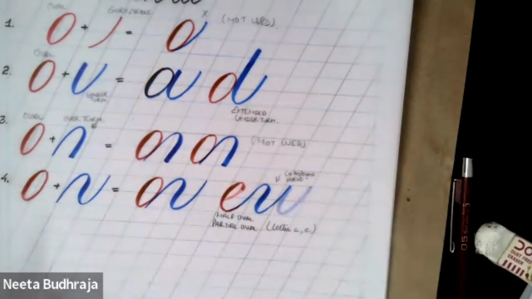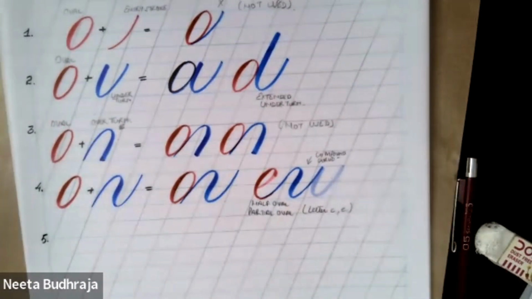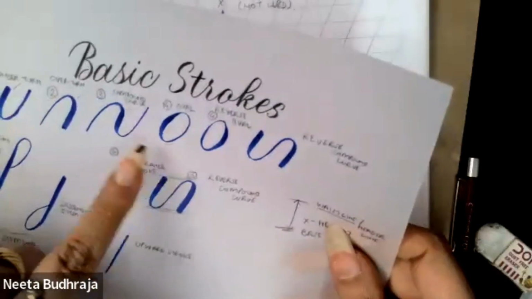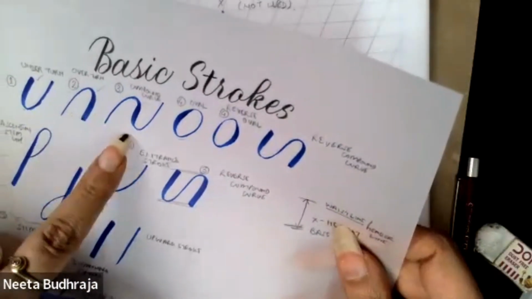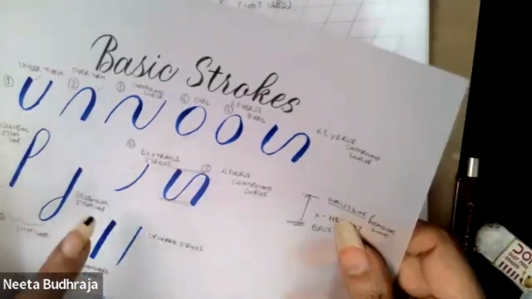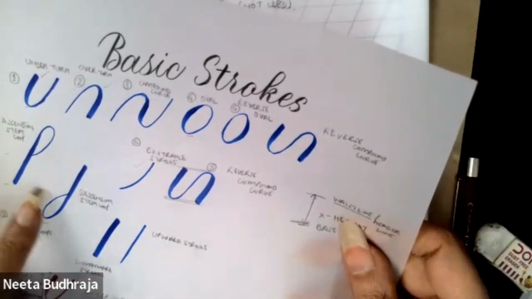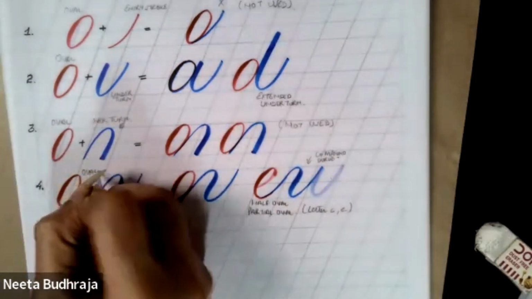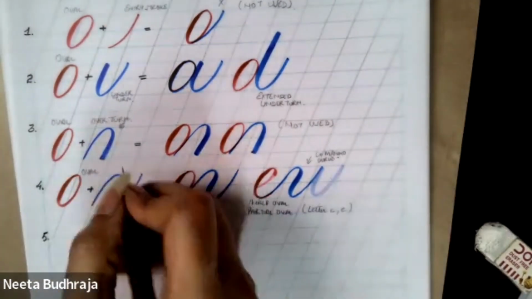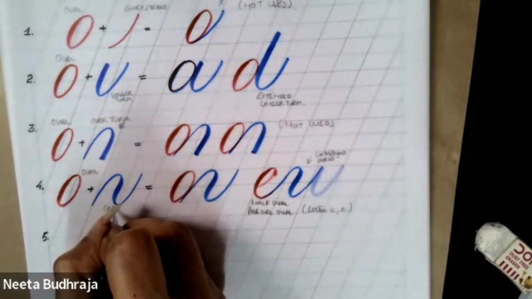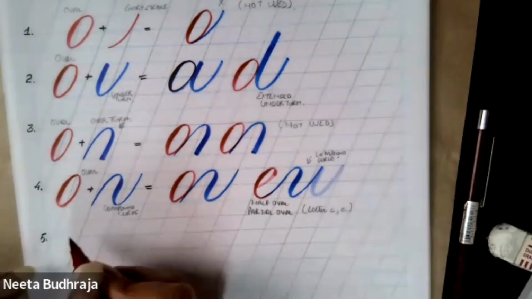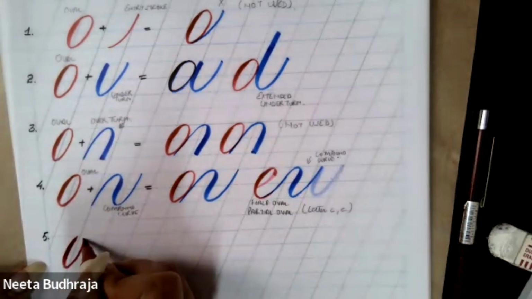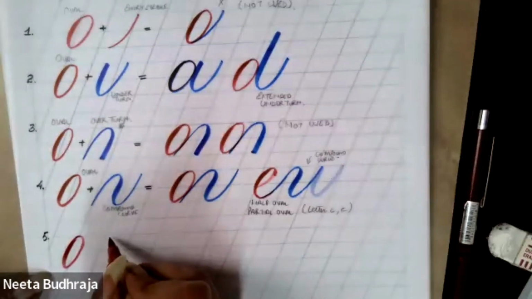Now let's take another scenario, oval, and next is our oval. We have done our compound curve and we are doing our ascending stem loop. Let me write here first, oval and compound curve. So now oval, let me make it again.